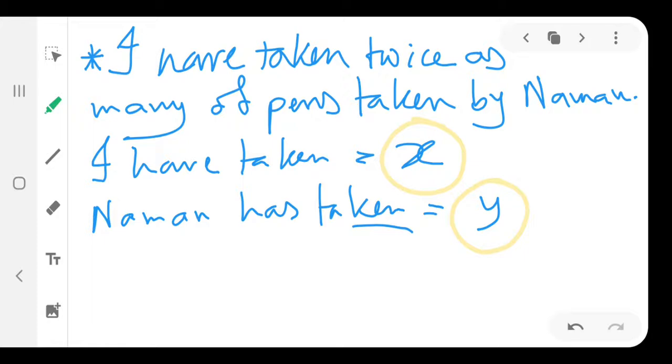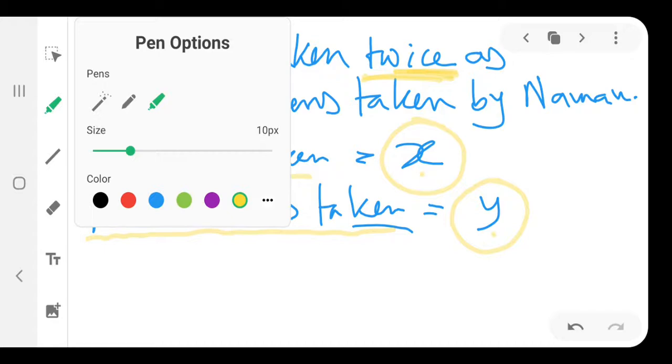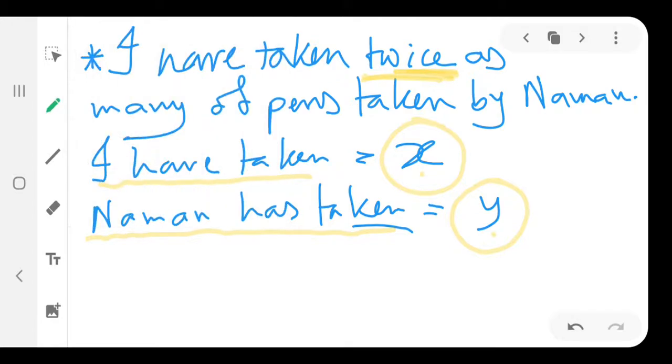X means how much I have taken. Y means how much Naman has taken. Simple as that. Instead of this big thing, I have written the small thing. But what is the condition? See, how much? Twice. This is important, right? So I will apply this condition and make one equation.